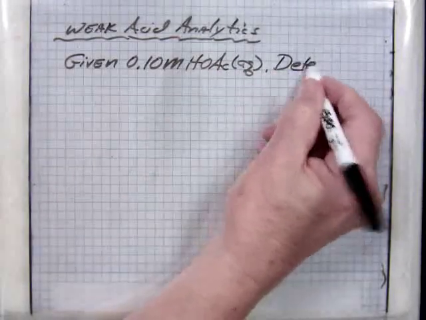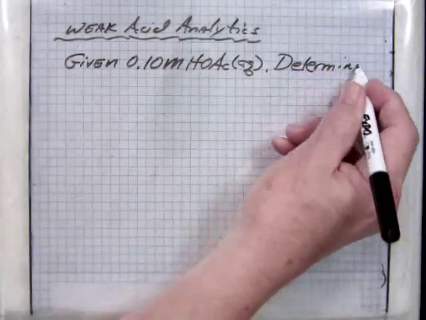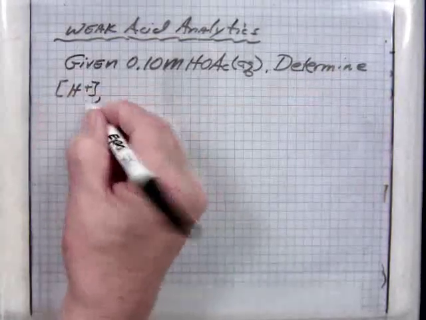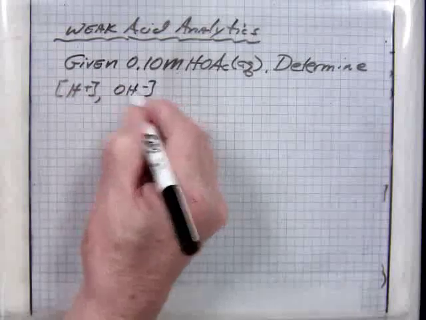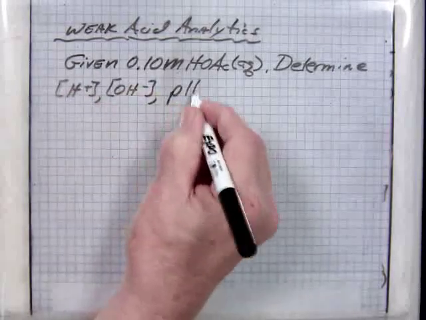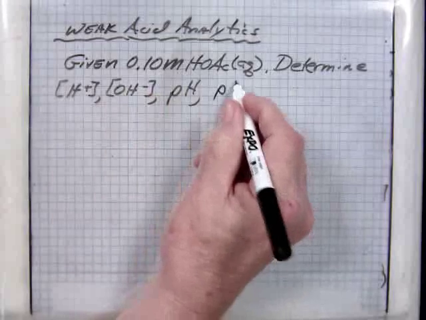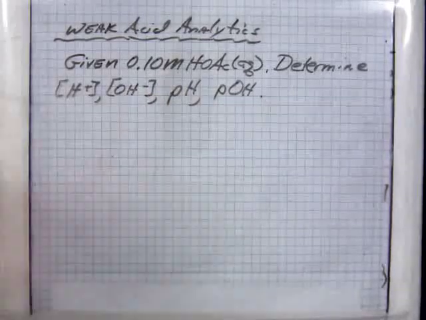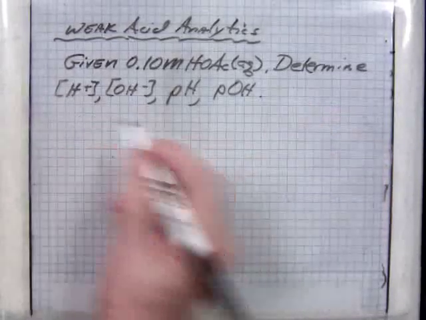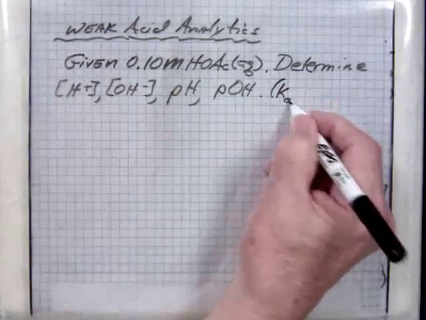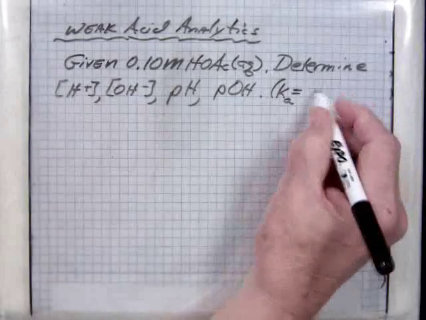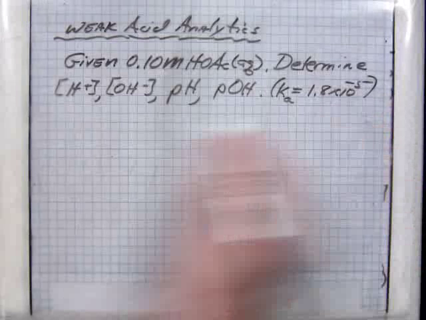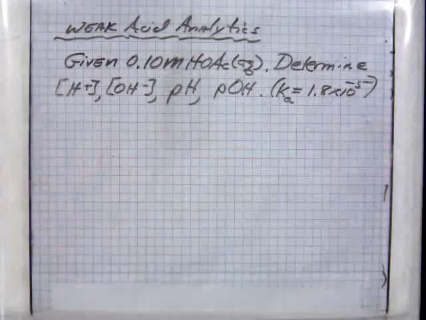Determine the hydronium ion concentration, the hydroxide ion concentration, the pH, and pOH of that solution. Now, one thing that's given also is what we call an acid ionization constant, Ka equals 1.8 times 10 to the minus 5. No units are needed, but that has to be given.